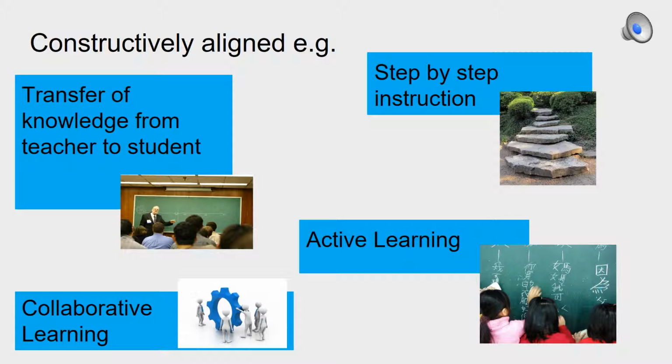Constructive alignment. The design of the slides needs to be constructively aligned with the chosen pedagogy and learning outcomes. For example, transfer of information and knowledge, presentation of information only, step-by-step instruction, for example, breakdown into steps, test knowledge at the end of each step, use of instructional diagrams, clips to demonstrate, active learning.